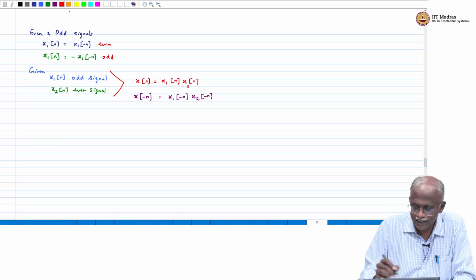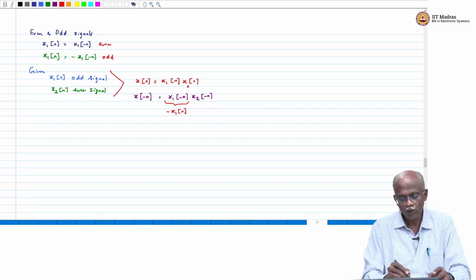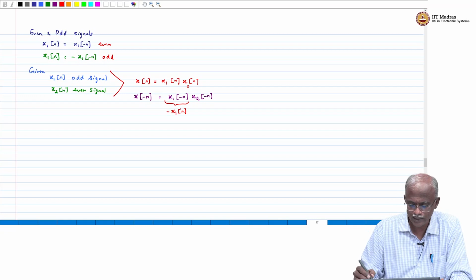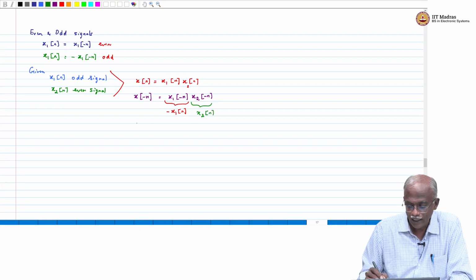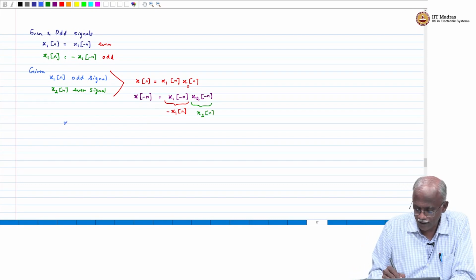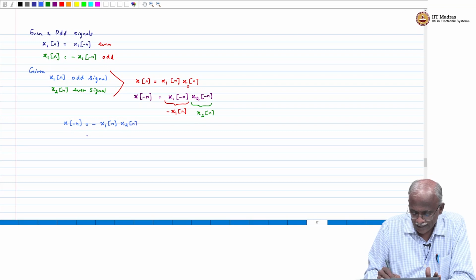x1 of minus n is an odd signal, so x1 of minus n is the same as minus x1 of n. Go back and look at the properties of an odd signal. And x2 of minus n is an even signal, so that will be equal to x2 of n. So you get this result: x of minus n, the product of these two sequences, comes out to be minus x1 of n times x2 of n, which is the same as minus x of n.